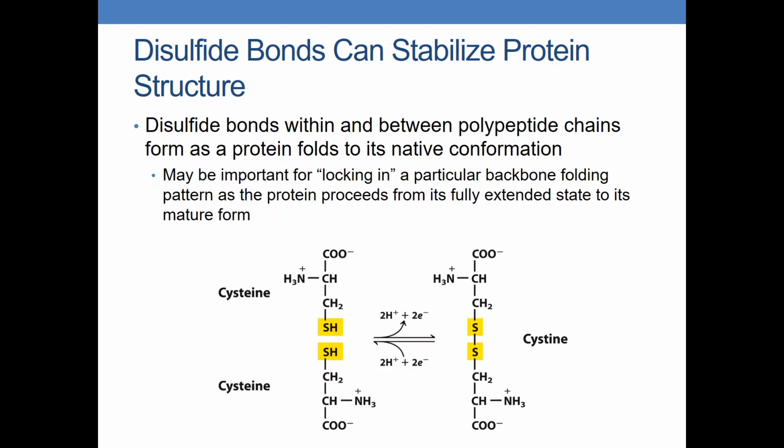And then, as a terminal step, disulfide bonds start to form, and this is important to more or less lock in a particular conformation. So when we talk about the order of events, disulfide bonds are often going to be one of the last interactions that form. And this is, again, just basically a way to lock in a particular tertiary structure or conformation.